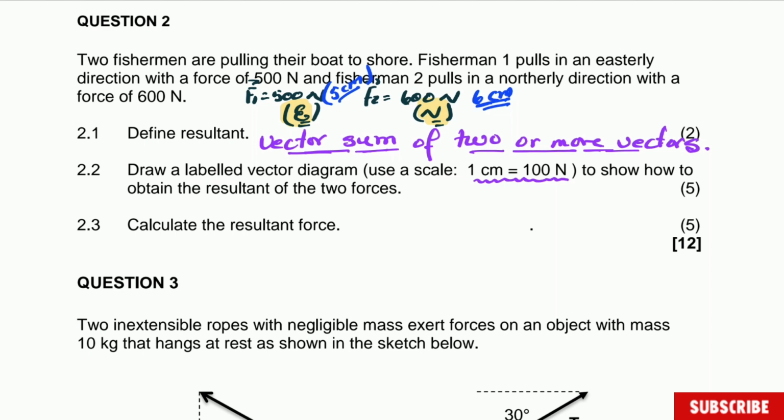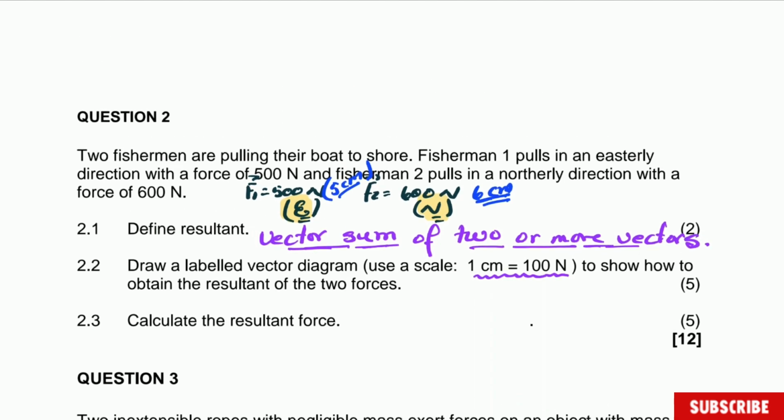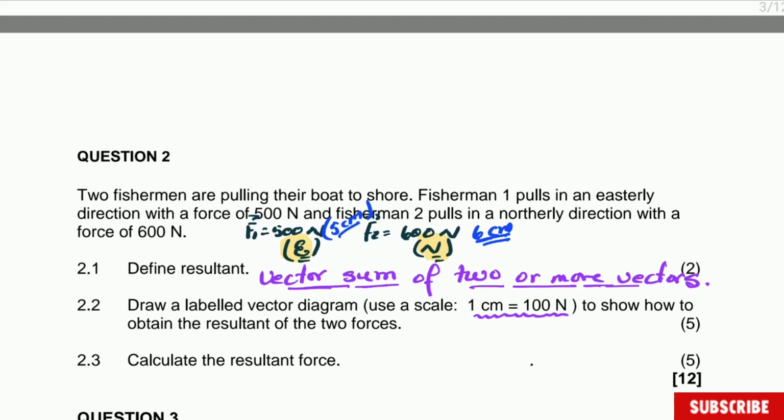Now, to answer this question, you need to use a ruler. I don't have a ruler here, so I'm going to show you the drawing, how it can be done, but without the ruler. You do have to use a ruler. So you have 6 centimeters to draw in the north direction, and this is F2, pointing north.